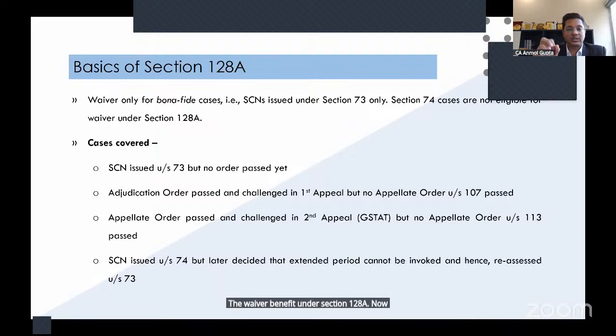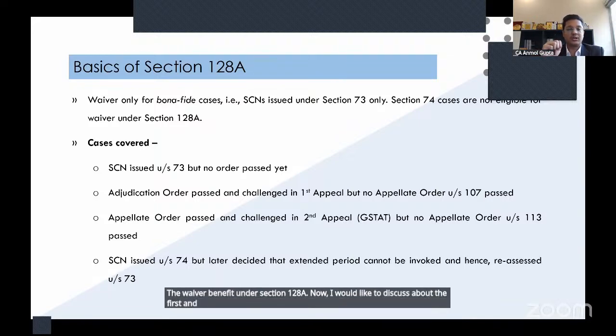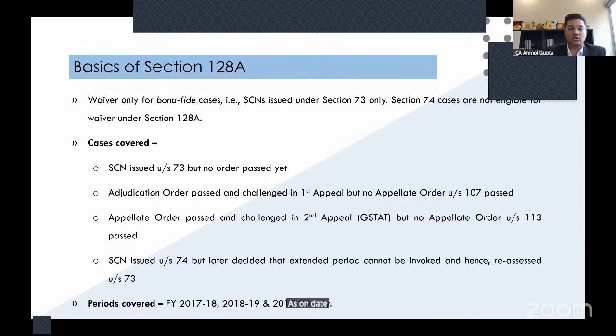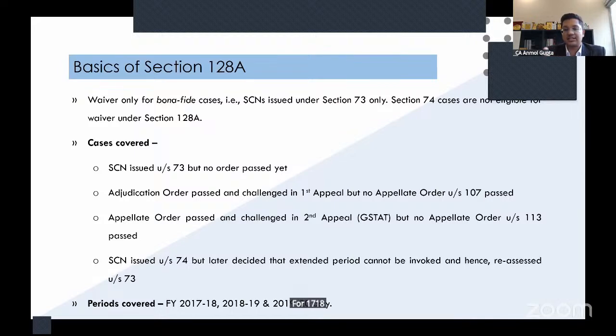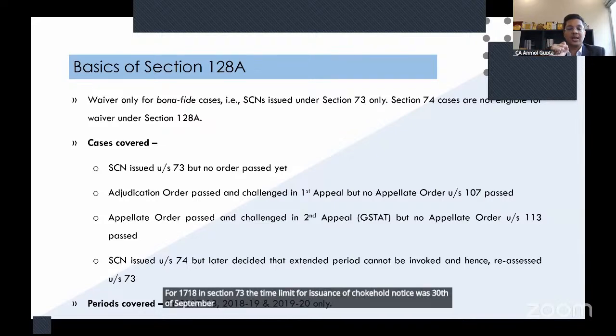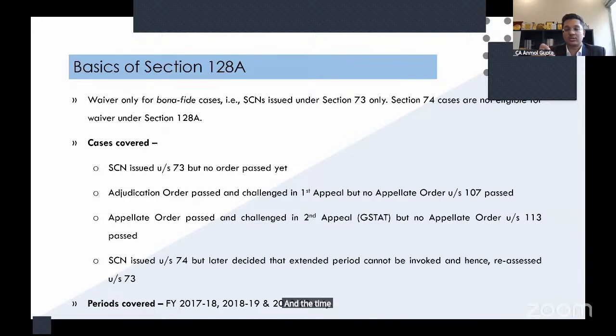Now I would like to discuss the first and third points of this particular topic. The first point talks about the show cause notice issued under section 73 but no order passed. Now let us examine, since this scheme is only for the first 3 years of the implementation of GST, whether there is any case as on date wherein the show cause notice has been issued but no order has been passed. For 2017-18, in section 73, the time limit for issuance of show cause notice was 30th of September 2023, and the time limit to pass the order was 31st of December 2023.